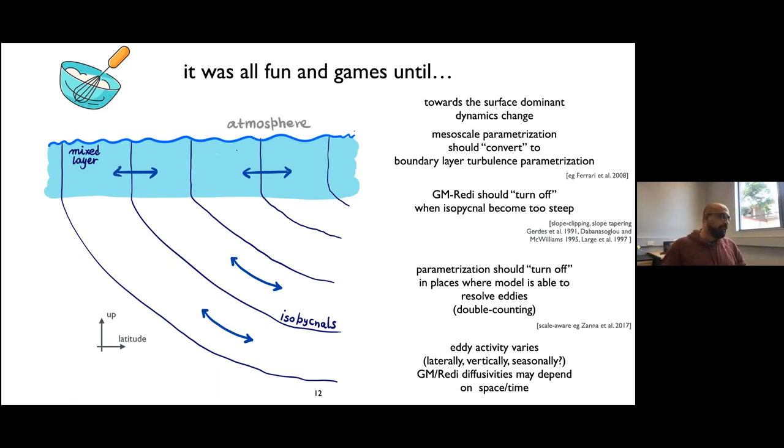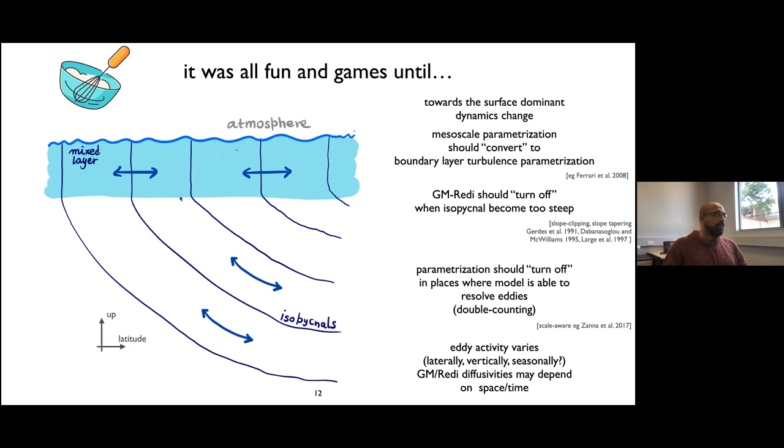For example, we know that in the interior of the ocean, eddies indeed tend to mix along isopycnals. But as we approach the top of the ocean, there's the so-called mixed layer, which is driven by turbulence of the boundary layer, and the ocean at the top is fairly mixed. In that part of the ocean, tracers tend to mix across isopycnals.